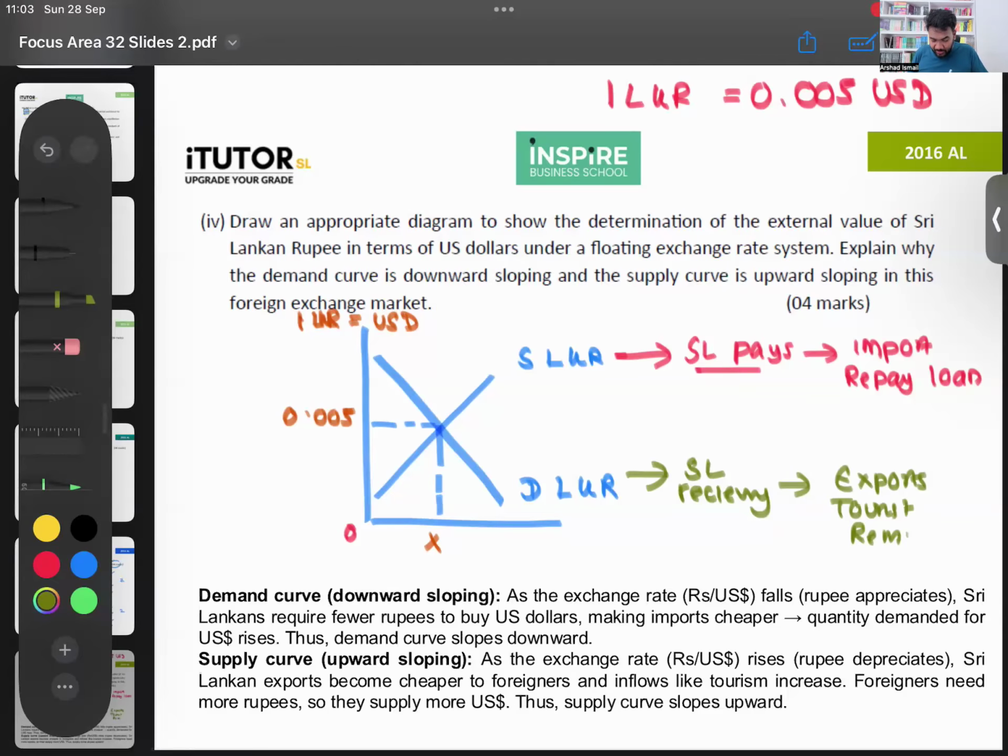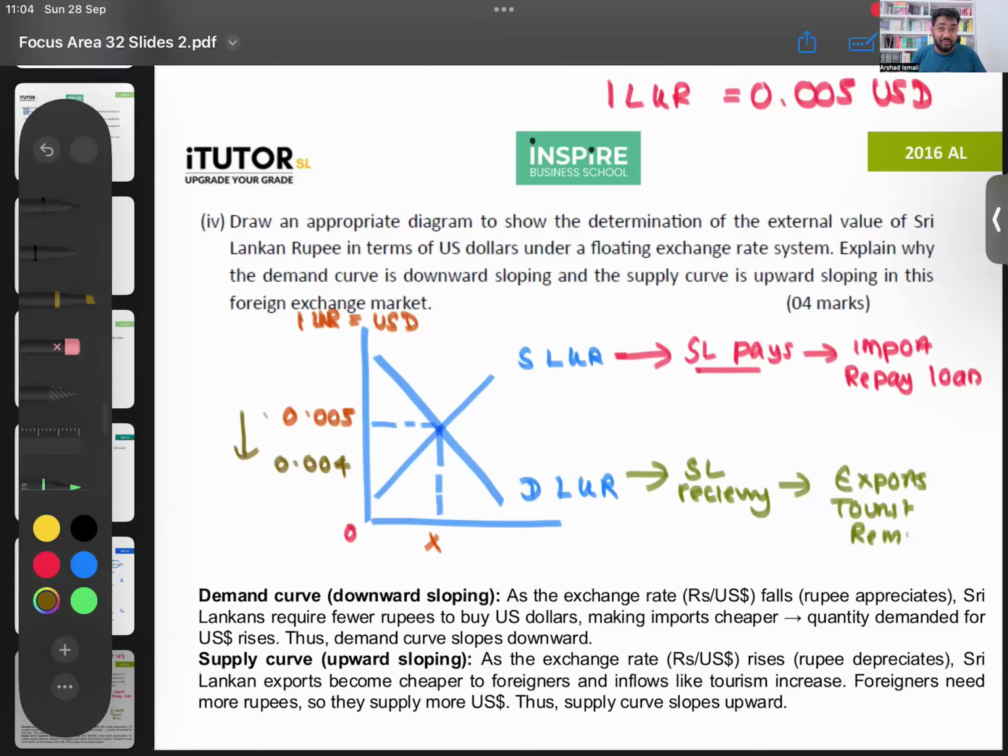So now I'm going to explain to you why the demand curve is downward sloping and the supply curve is upward sloping. Listen carefully. Okay. So we'll start with the demand curve. Let's say right now in my example the exchange rate is 0.005. If the exchange rate comes to 0.004, that means the Sri Lankan rupee has appreciated or depreciated?